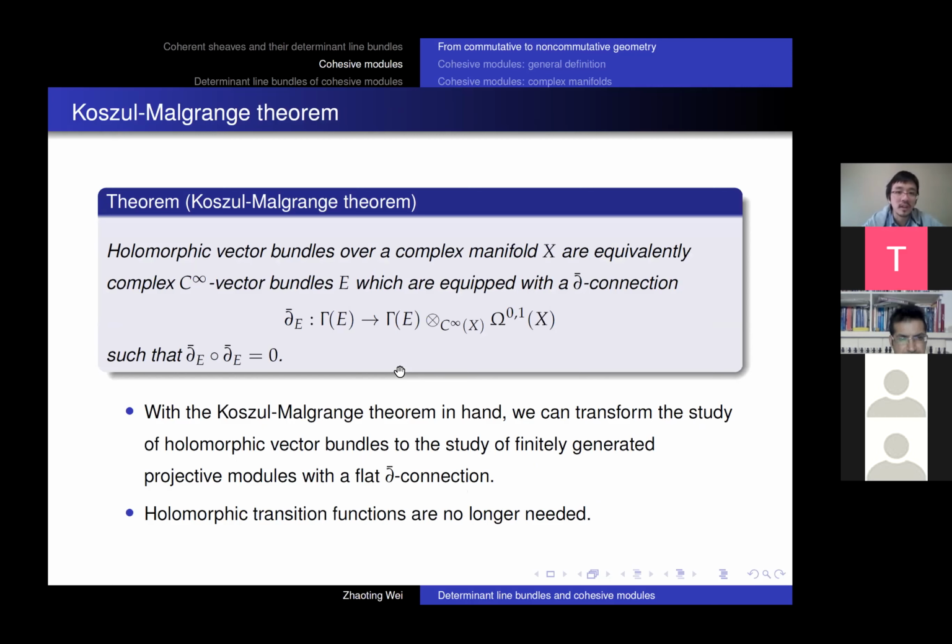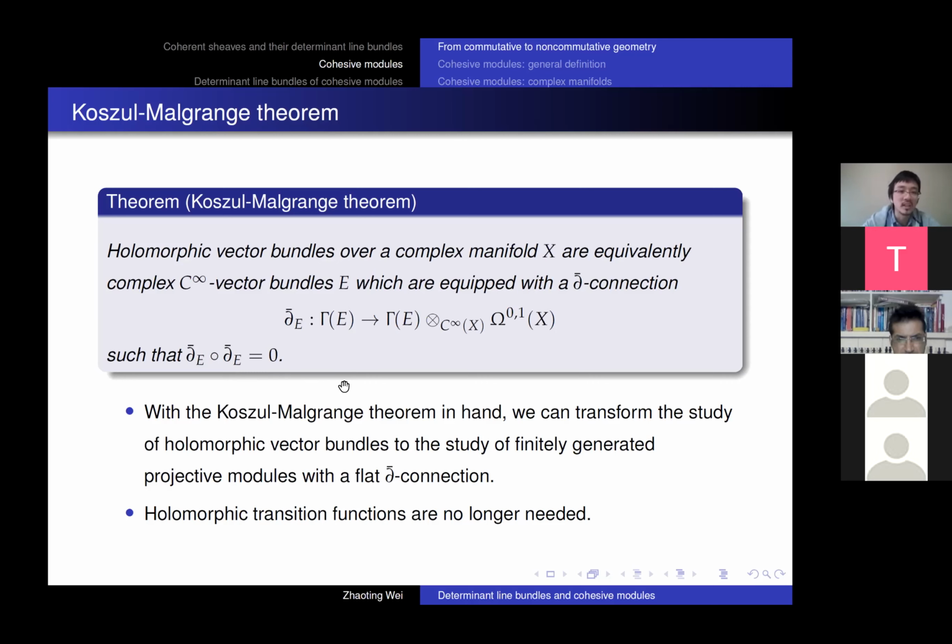A holomorphic vector bundle over a complex manifold is the same as a C-infinity vector bundle together with a d-bar connection, satisfying the Leibniz rule, such that d-bar composed with d-bar equals 0.